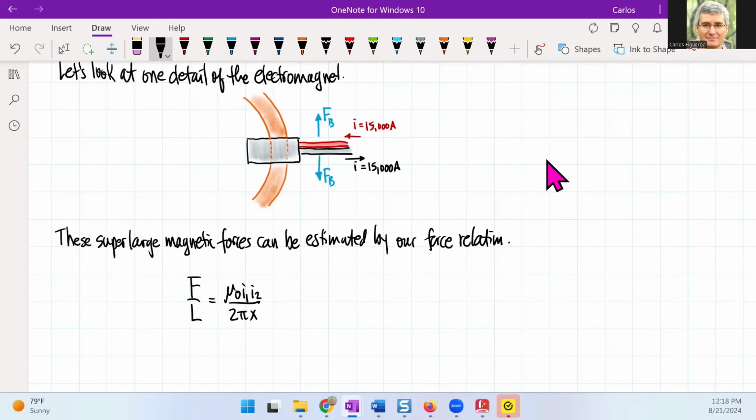So if these guys are running currents of 15,000 amps, and we know that the diameter of a cable is 4.5 millimeters, it turns out that if you calculate this number, this is about 10 to the fourth newtons per meter, which means it's about 2,300 pounds per meter.